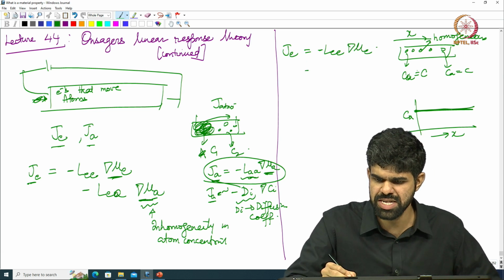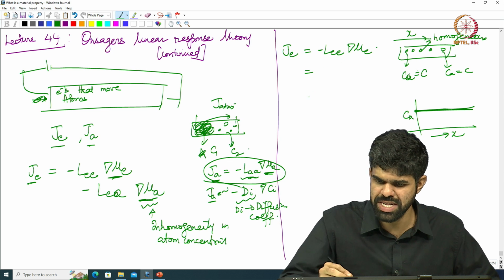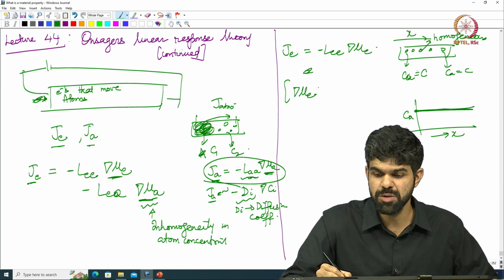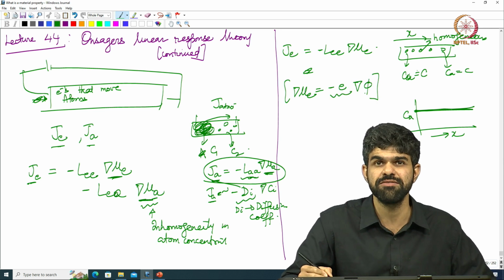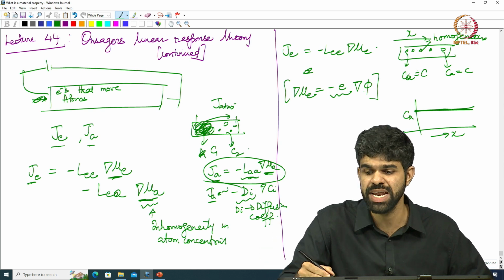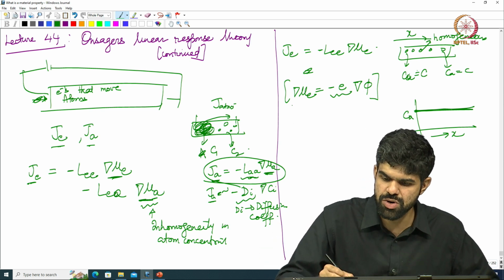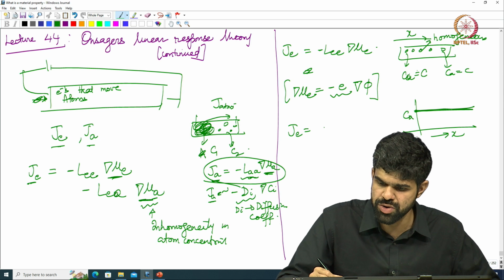Now, what is this? The gradient of chemical potential of electrons is nothing but minus E, which is the charge, times the gradient of phi, which is the voltage that I am applying, or the electric field that I am applying. So, Je is then equal to E times Lee times del phi.